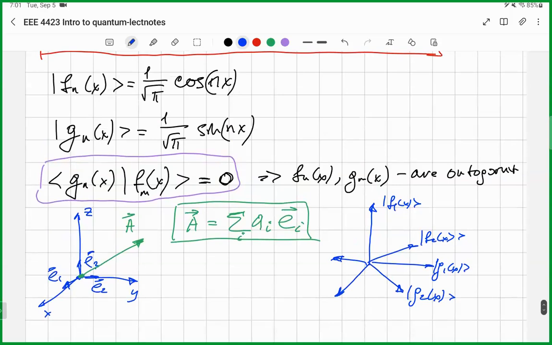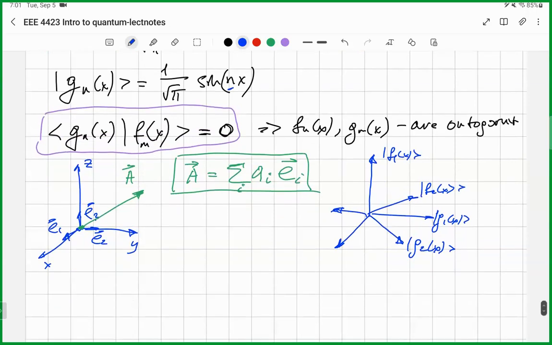So this n here can be any number up to infinity. So the dimension of this space becomes infinite. So it's a space with dimension infinity.